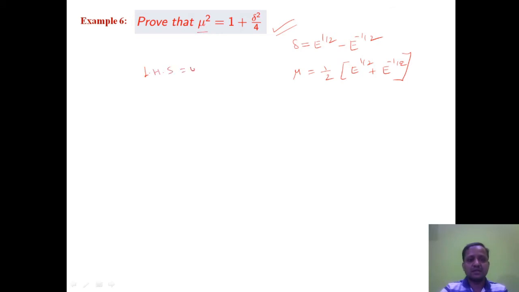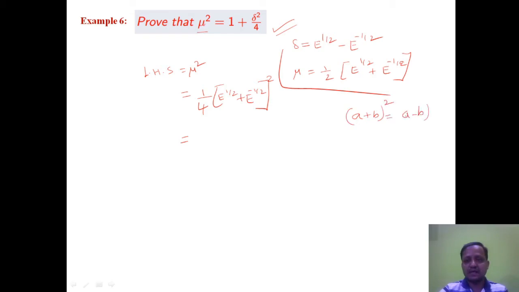So already we know mu. Mu square will become 1 by 4 of E power 1 by 2 plus E power minus 1 by 2, whole square. But I need delta in the right hand side part. Delta is there in terms of like A minus B, but mu is there like A plus B. So we can write A plus B whole square as nothing but A minus B whole square plus 4AB.